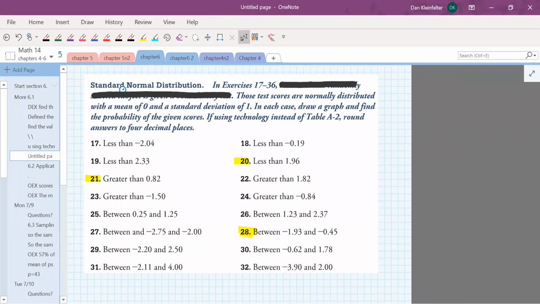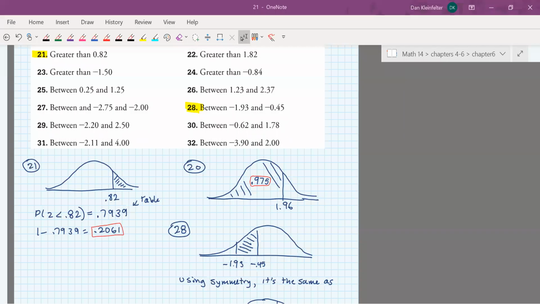All right, so I have a couple more examples of finding areas, and I'm going to just put the solutions here in the notes. If you have any questions on them, let me know. So this is how these last three examples play out. For greater than 0.82, we'll again use basically the complements rule. We need the area to the right, so we'll find the area on the left using the table and then subtract from 1, giving 0.2061.